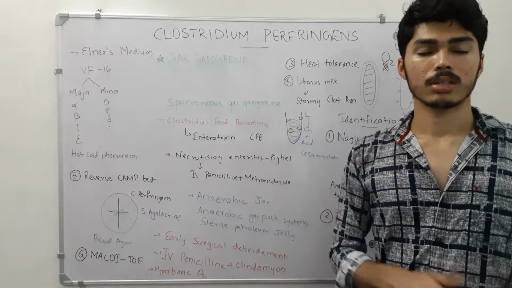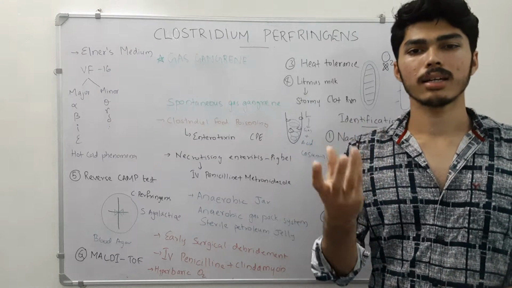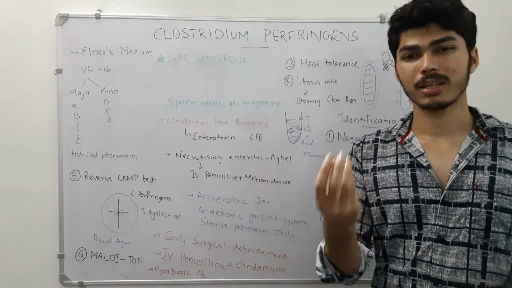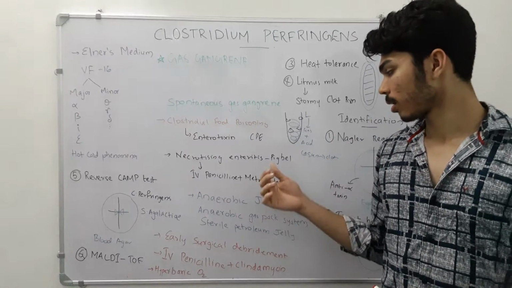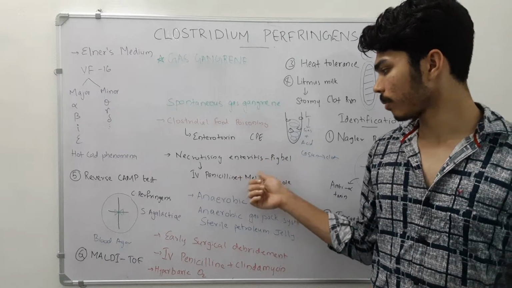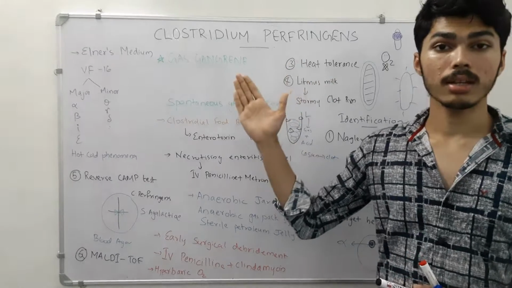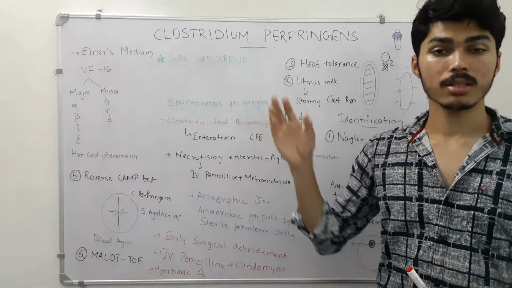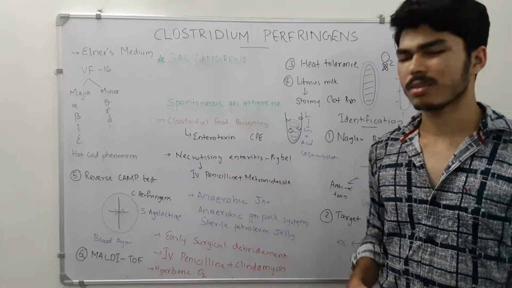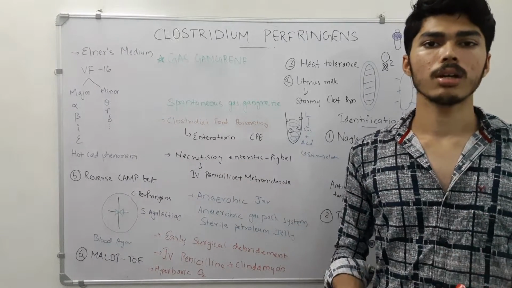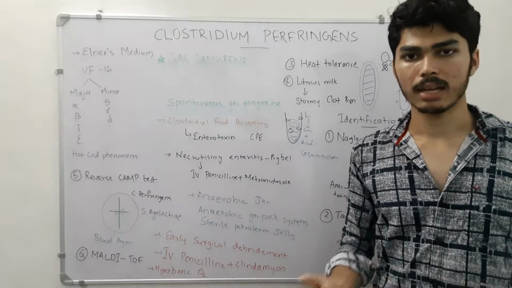Another manifestation produced by Clostridium perfringens is necrotizing enteritis. It is also called pig bell. This occurs when you are eating contaminated pork, most commonly with Clostridium perfringens type C. The clinical presentation would be of dysentery, that is bloody diarrhea, abdominal cramps and fever.